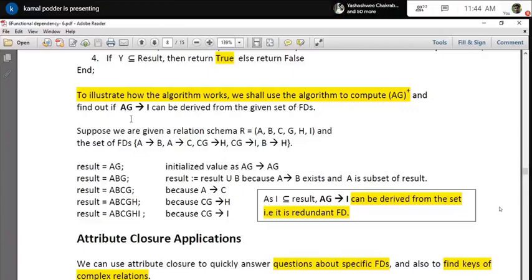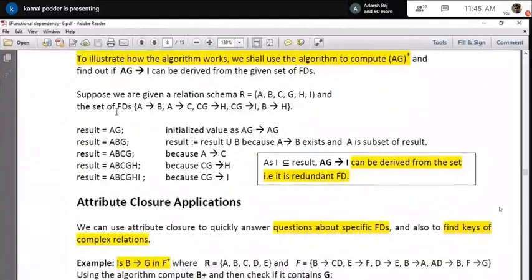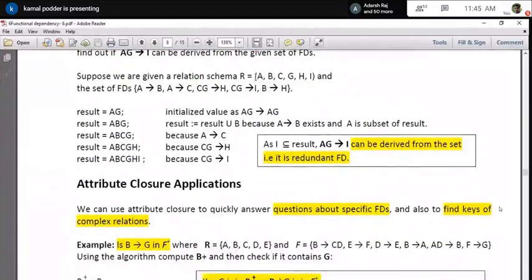How to find out the closure of AG? Because if I find out the closure and check that AGI exists in that particular set, then only I can say that this particular FD exists. Now let's try. Suppose I have the relation A, B, C, D, E, F, G, H, I, and I have a set of FDs.